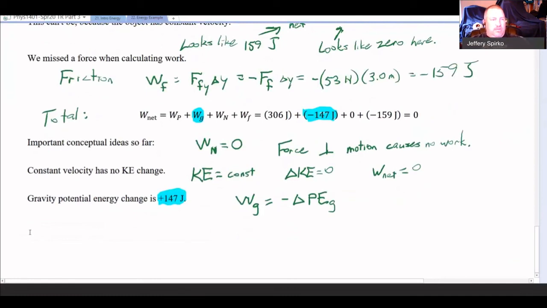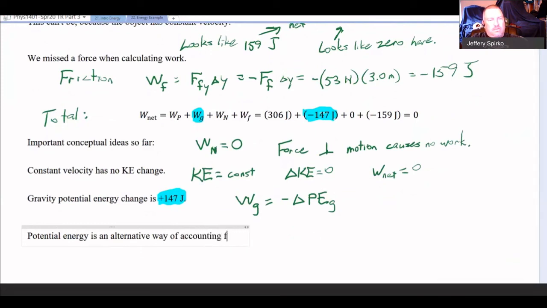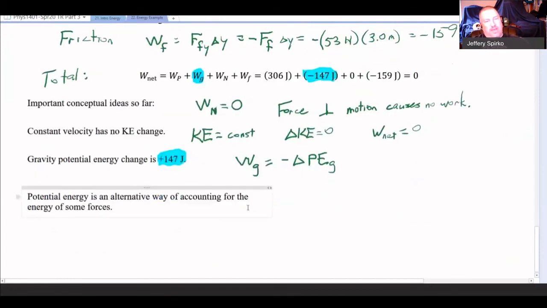And the thing I want to point out here is that potential energy is an alternative way of accounting for the energy of some forces. And gravity is a force that can be handled that way.